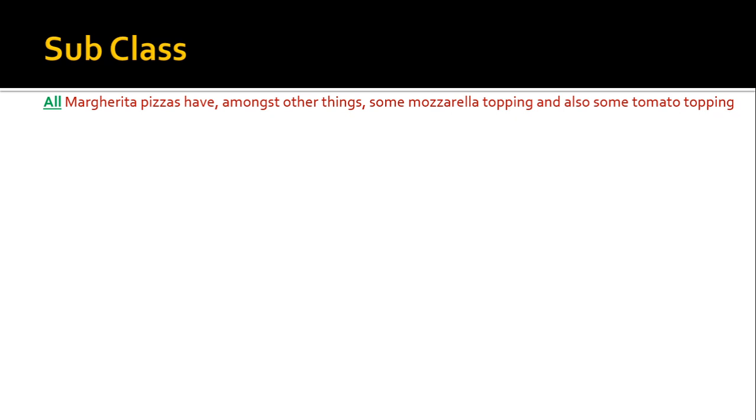Here, I'm not really saying that these margarita pizzas are pizzas. I'm just saying the margarita pizzas have some mozzarella topping and some tomato topping. So this margarita pizza is a kind of subclass of the set of things that are having some mozzarella topping and also some tomato topping. So this is what we are trying to say.